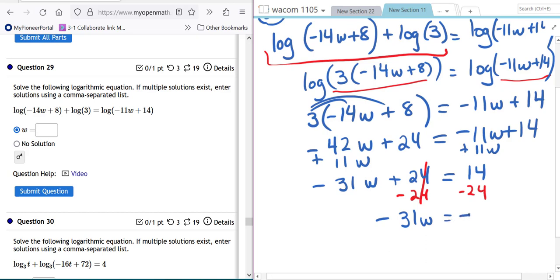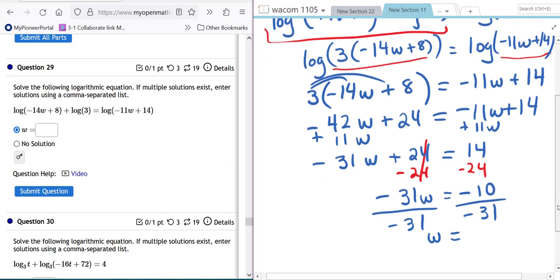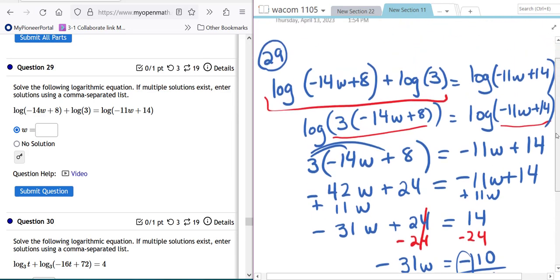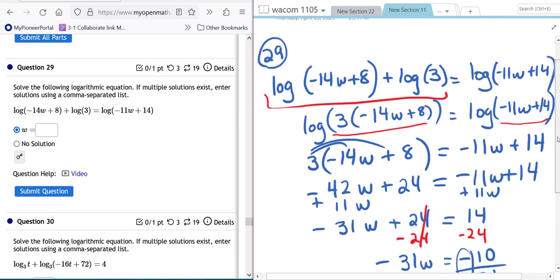This gives me a negative 10. And divide by a negative 31. So W equals. What you have to clean up here is your signs. The 2 negatives will give you positive. So 10 over 31. And then you have to remember to check in each one of the originals.